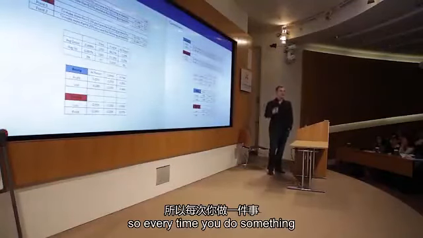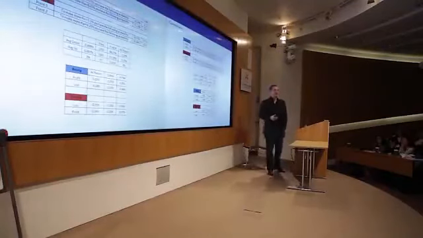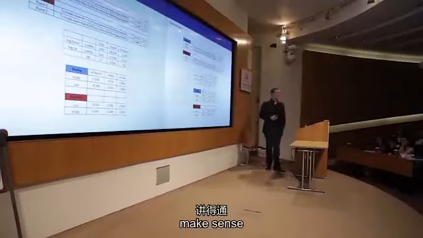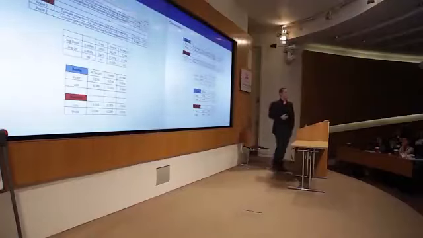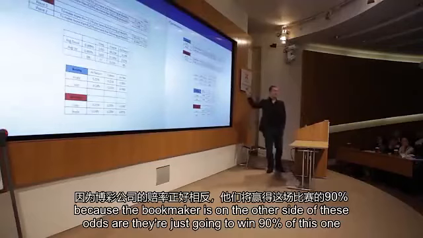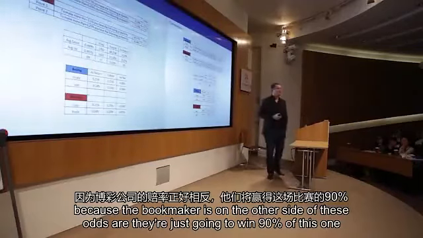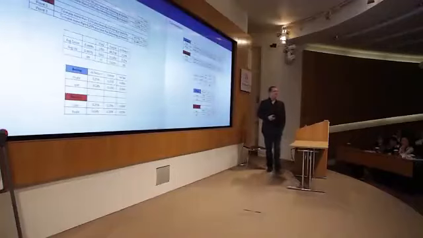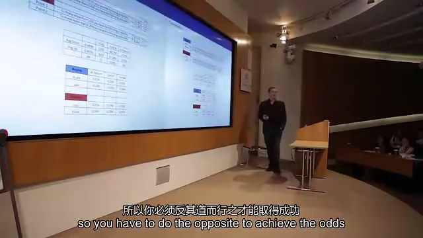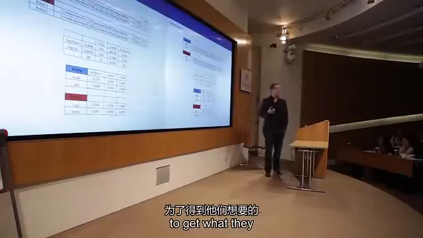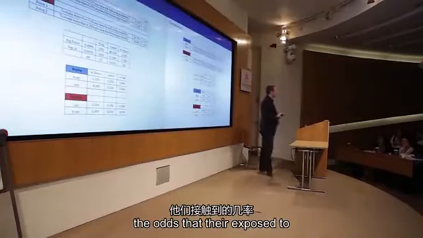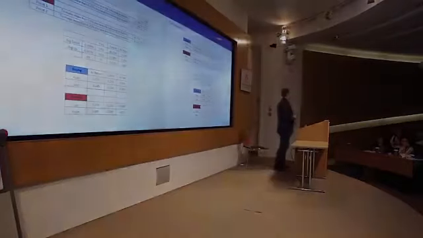So every time you do something, you know the odds are in your favor. Make sense? Because the bookmaker is on the other side of these odds, and they're just going to win 90% of the time. So you have to do the opposite to achieve the odds, to get the odds that they're exposed to. Yeah?